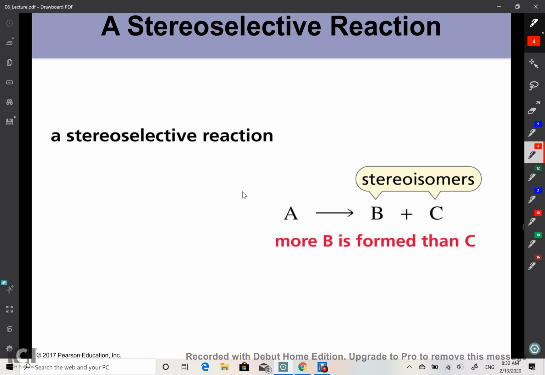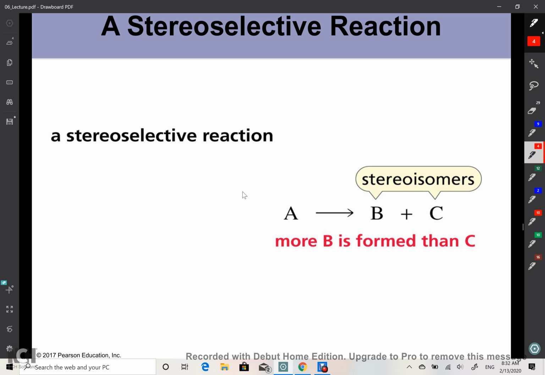Or there are some reactions that will form the same amount of R as S. In that case, you will have what we call the racemic mixture. You remember what the racemic is from 301? That a reaction with equal amount of R and S. So some of them will generate the racemic, some of them will preferentially generate the R, some of them will preferentially generate the S. Does that make sense? And so we'll have to learn them, which one will do what.